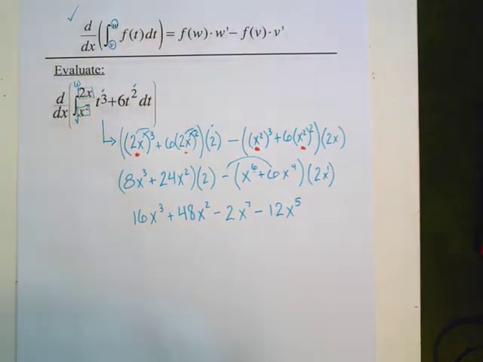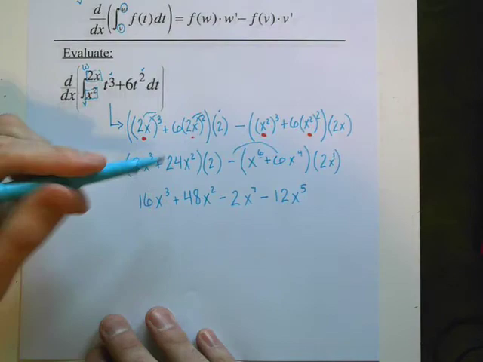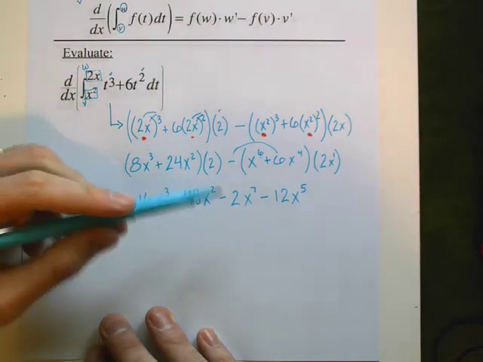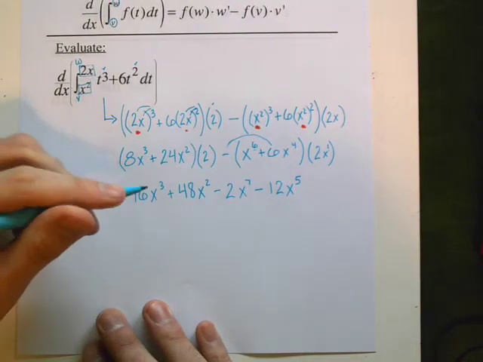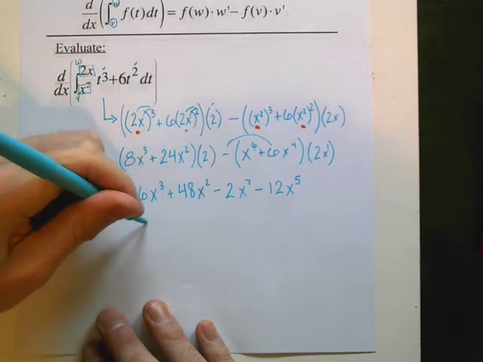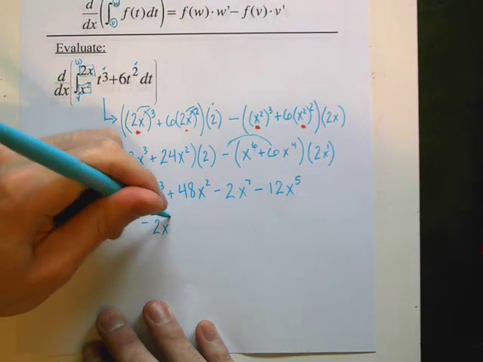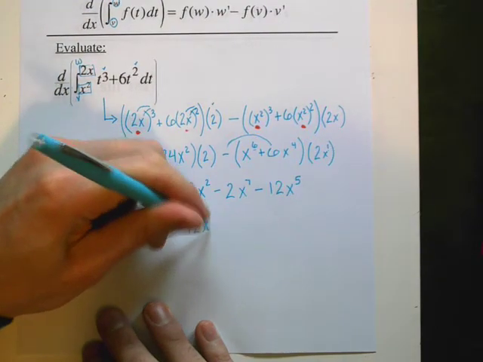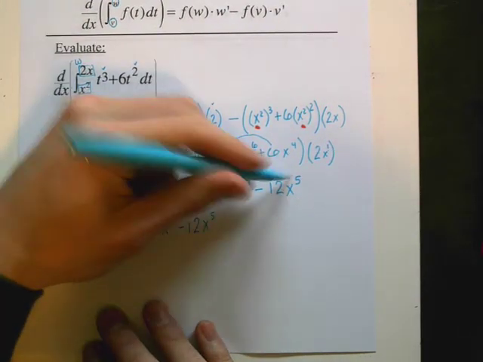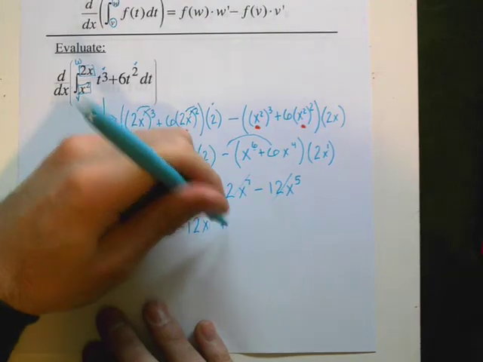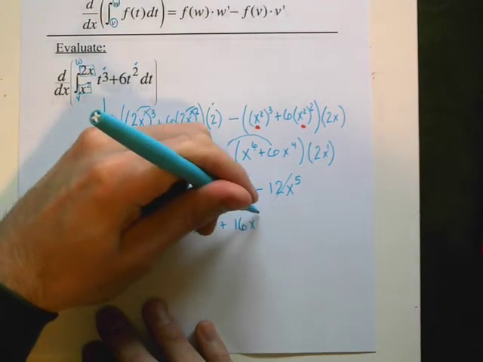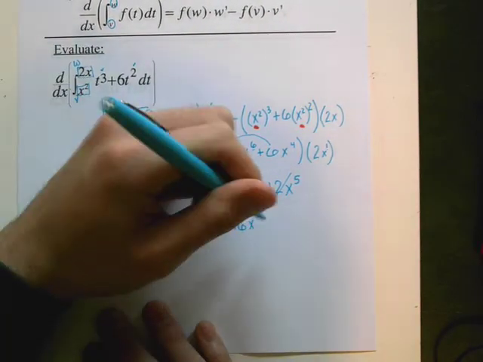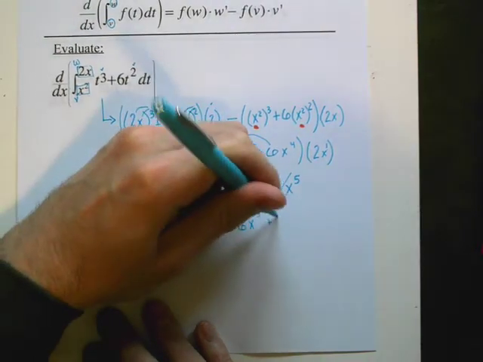Okay? We are done. The only thing is to rearrange this in proper order so that the exponents are descending. So we want to start with our highest exponent, which is negative 2x to the 7th. Let's go with minus 12x to the 5th, plus 16x to the 3rd, plus 48x squared.